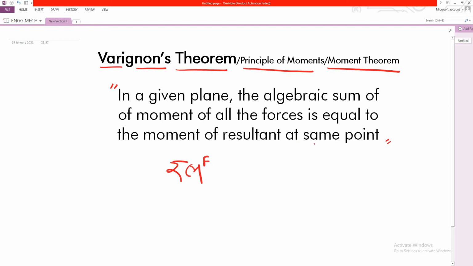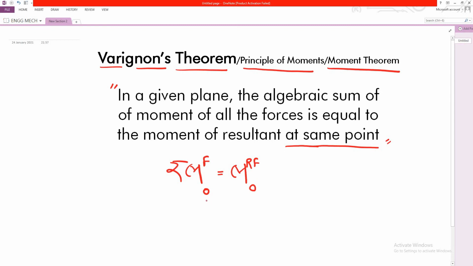And we are talking about a point. Let's say the point is O. Then the sum total of this moment is equal to the moment of the resultant. Now let's write the moment of the resultant like this, and the statement is saying the point of generation of moment should be the same.